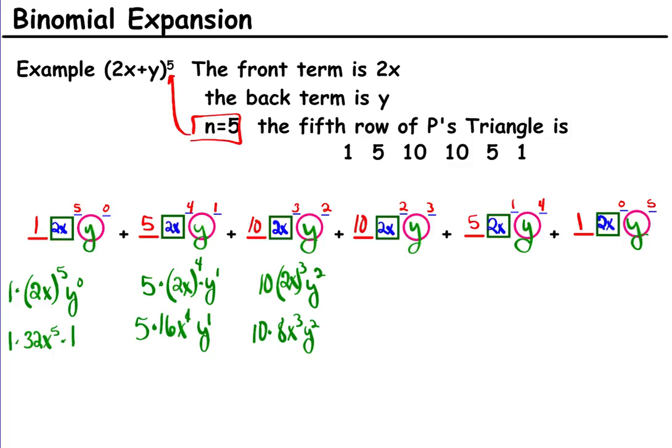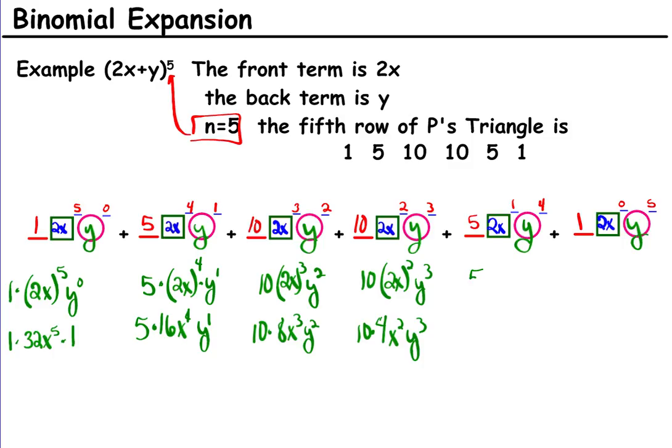Let's do my next term, which is 10 times 2x squared, y cubed. So this is 10 times 4x squared, y cubed.